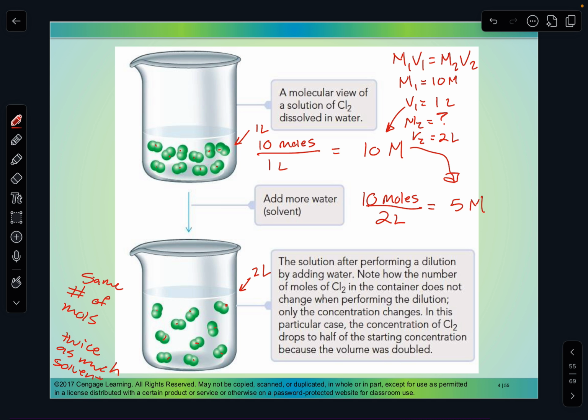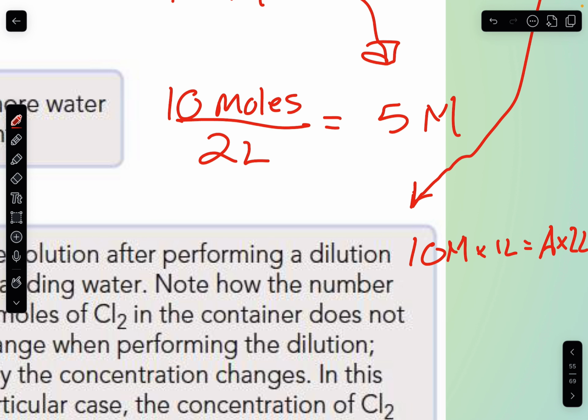And so we'll write the equation down here because I'm running out of space up there. I'll write the actual numbers. We have 10 molar times 1 liter equals, I'll use A, times 2 liters.